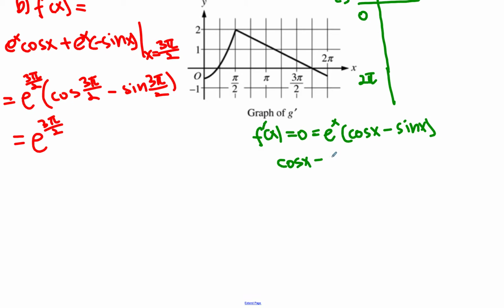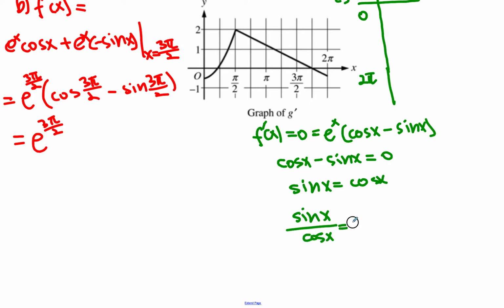Cosine of x minus sine of x equal to 0. That means sine of x is equal to cosine of x. And when you divide by cosine of x, then you get sine of x over cosine of x, which we know to be equal to tangent of x equals 1. Because cosine divided by cosine equals 1.